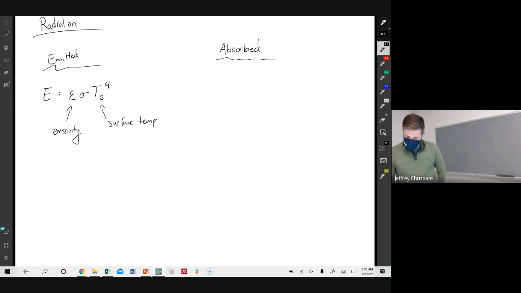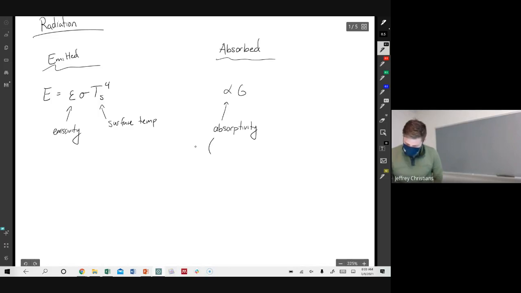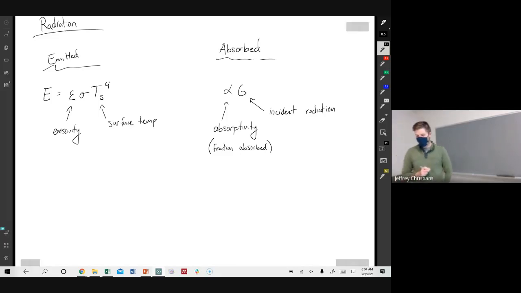And absorbed radiation is usually alpha G, where alpha is the absorptivity, which is the fraction absorbed, and G is the incident radiation.